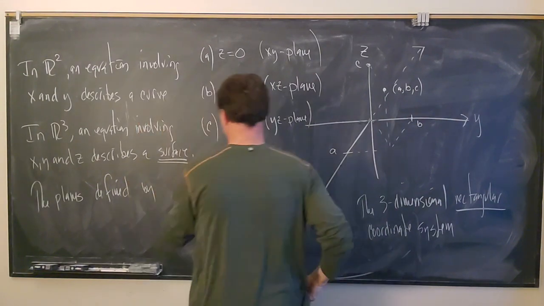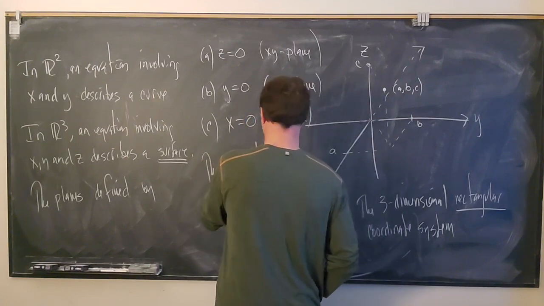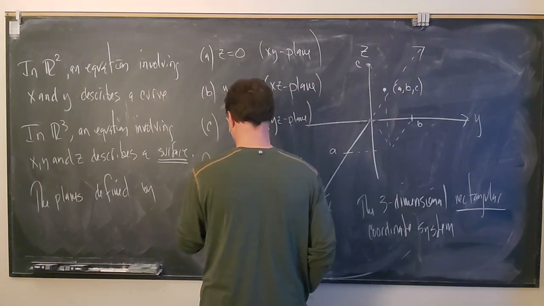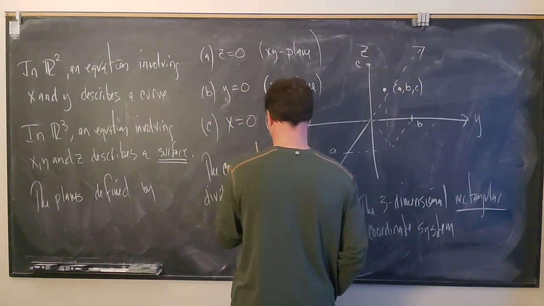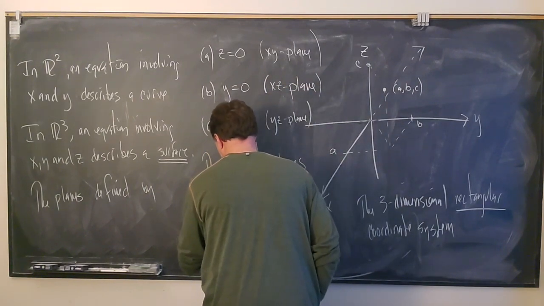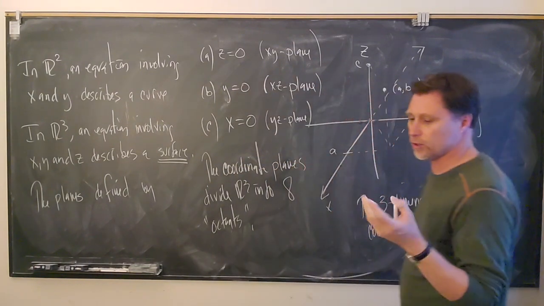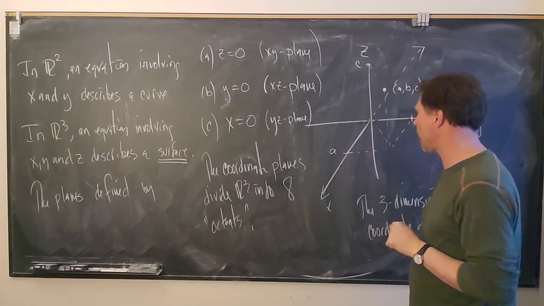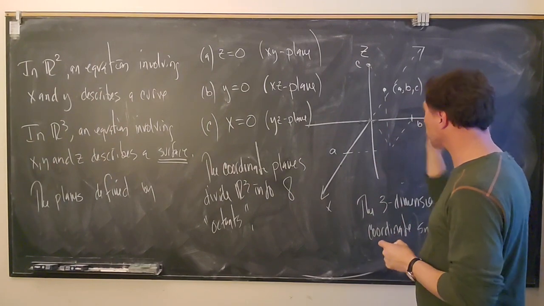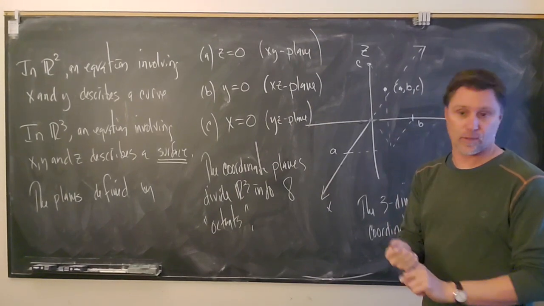So the coordinate planes divide R3 into 8 octants. Now, it's not going to be important to know which one is second, third, fourth, other than the first. You should know who the first octant is, and I don't even know who the second, third, fourth, and the other octants are. So the first octant is the one where all the coordinates are positive or greater than or equal to 0.